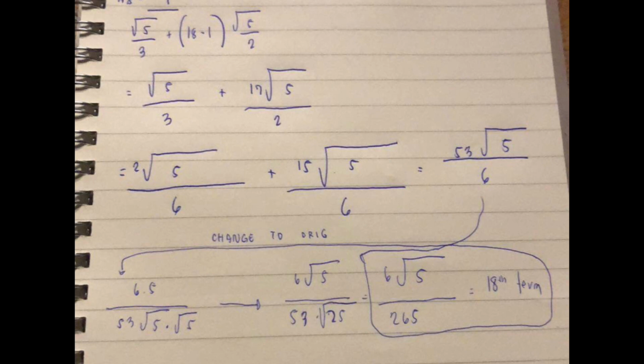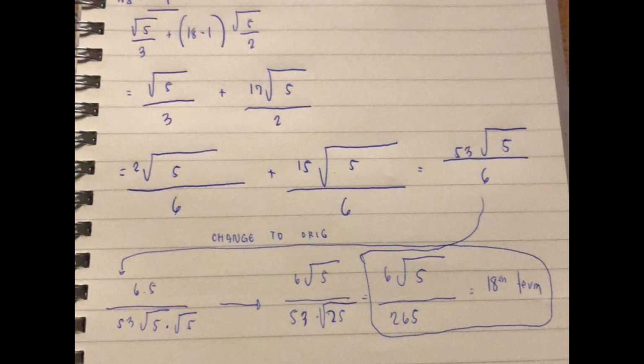So that's going to be 2 square root of 5 over 6, since square root of 5 times 2 is 2 square root of 5, plus we're going to multiply 17 square root of 5 over 2 by 3. So it's going to be 51 square root of 5 over 6. Now, what we added, that's going to be 53 square root of 5. We're going to change it back to the original form, which is going to be 6 over 53 square root of 5.